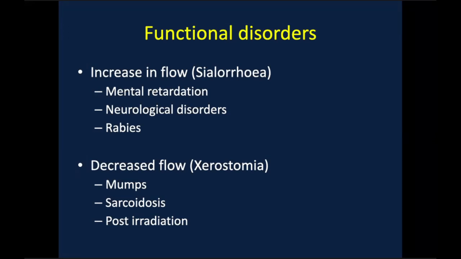They can cause a reduction in saliva production and flow. So those are the different types of functional diseases that you see in the salivary glands. That's the second category.